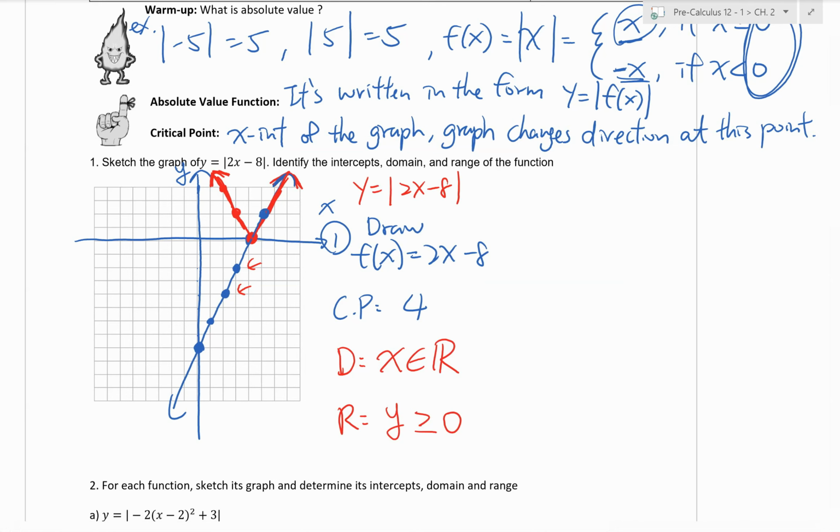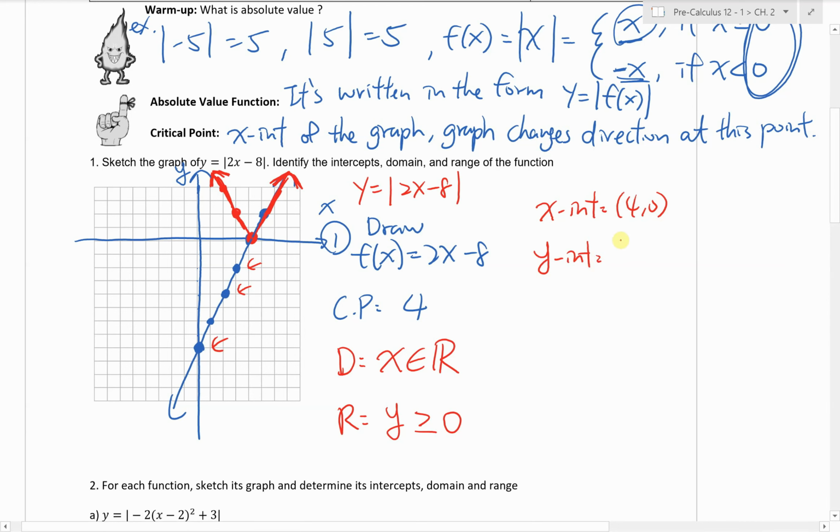Okay, so that is the intercepts. Oh, I guess we need to identify intercepts. Here the x-intercept would be (4, 0). The y-intercept of 2x minus 8 was negative 8. This was the y-intercept. Now again, because of the absolute value function, we're going to flip over.